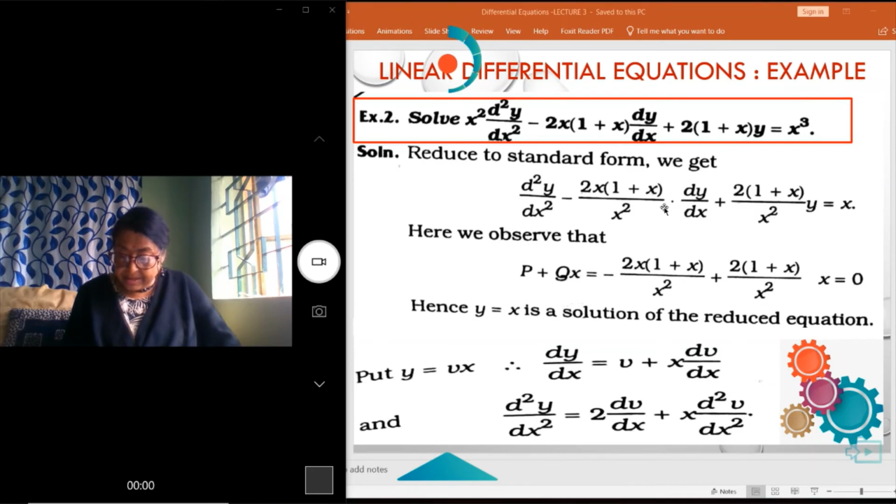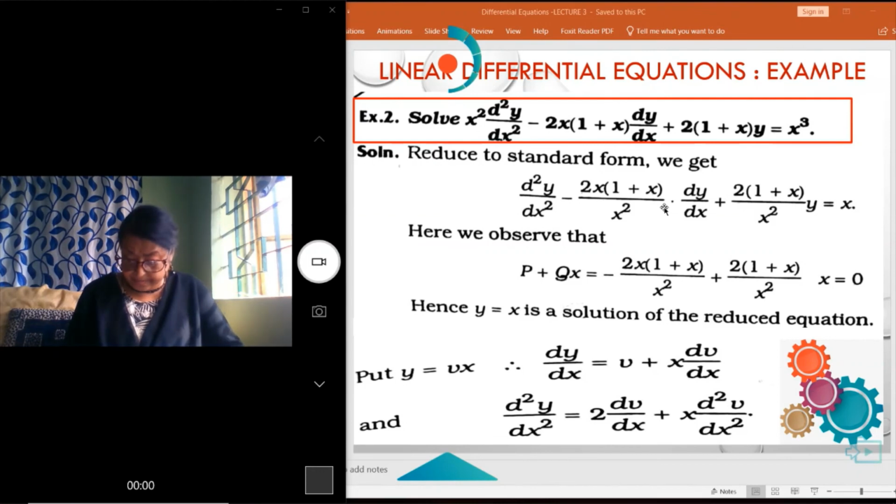Hence, the equation in standard form can be written, then if we collect the coefficients p and q, and check p + qx, it comes out 0. So here, mind it, y = x is the solution of the reduced equation.